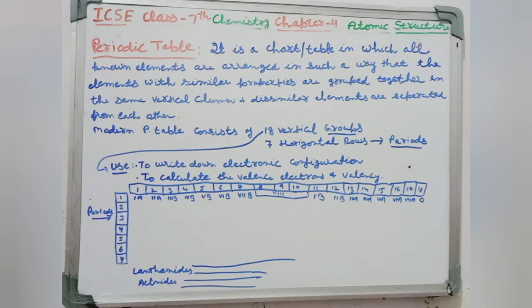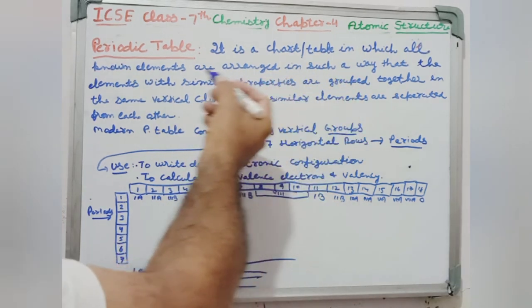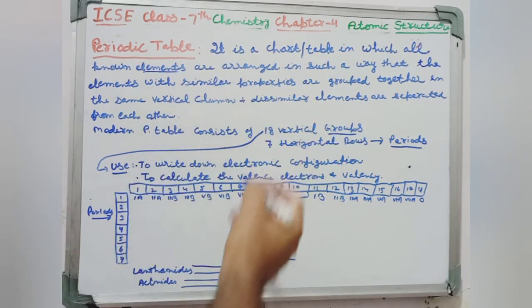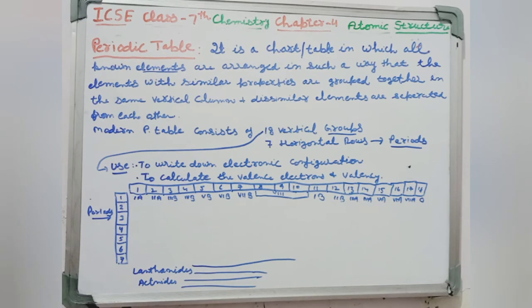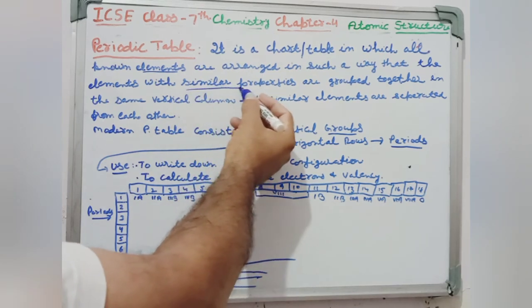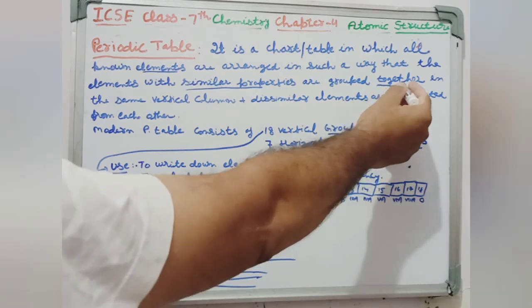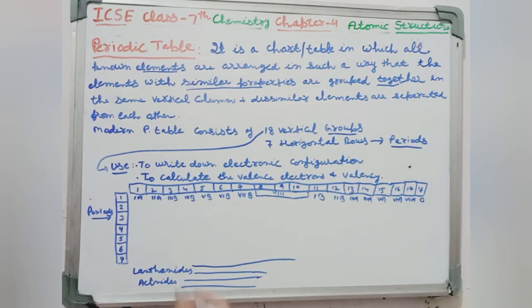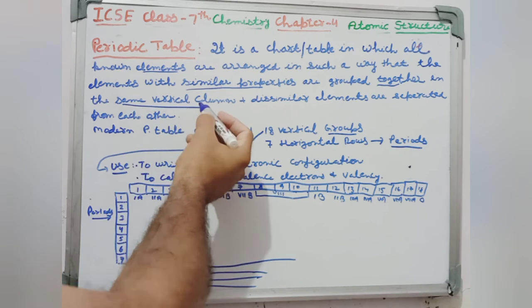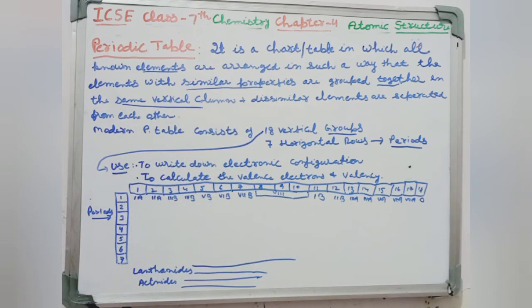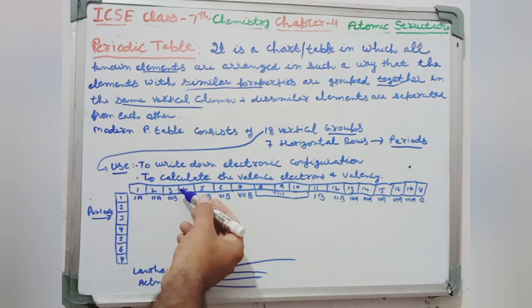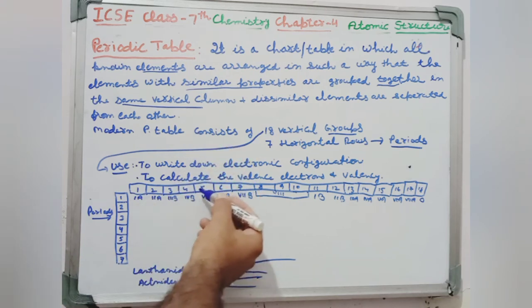Now we will move on to the periodic table. So what is a periodic table? Periodic table is a chart or table in which all known elements are arranged in such a way that the elements with similar properties are grouped together in the same vertical column.